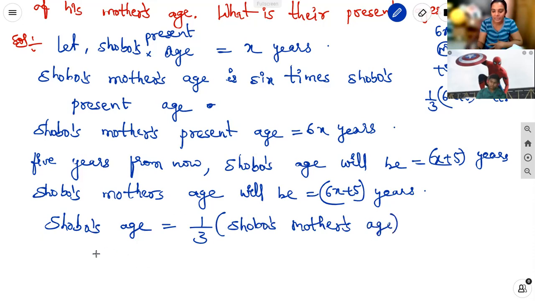After 5 years from now, Shobo's age x plus 5 equals 1/3 into Shobo's mother's age, which is 6x plus 5 years.